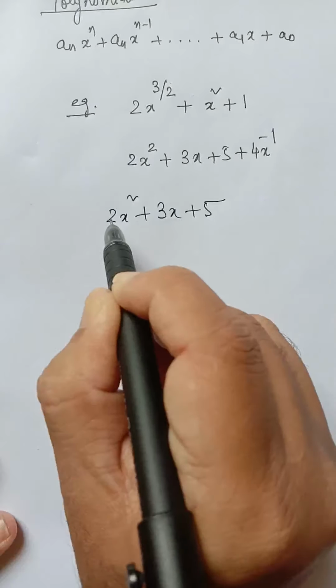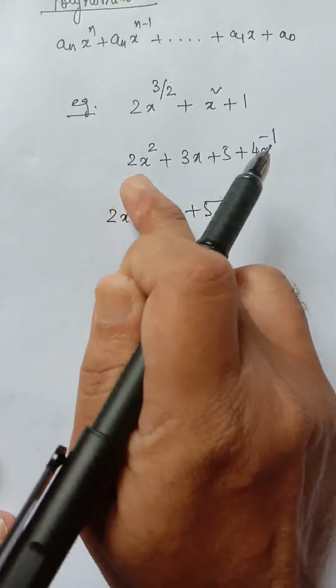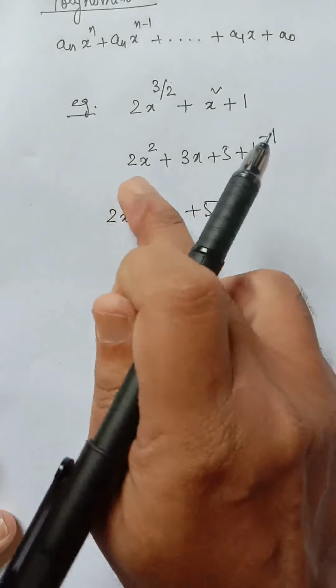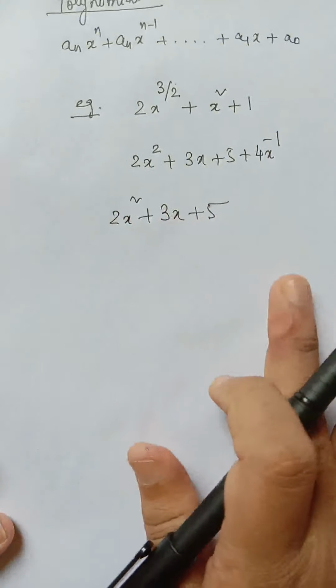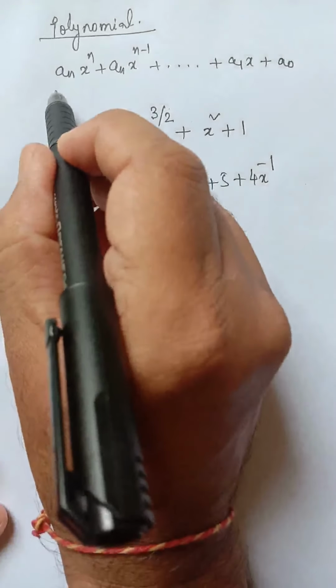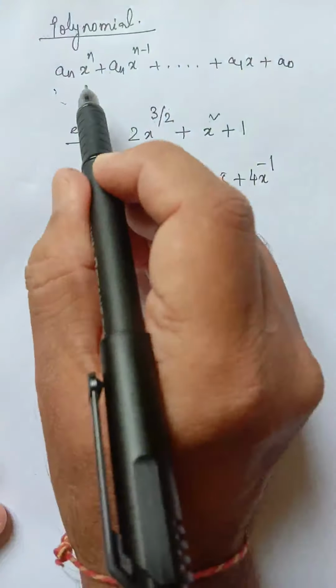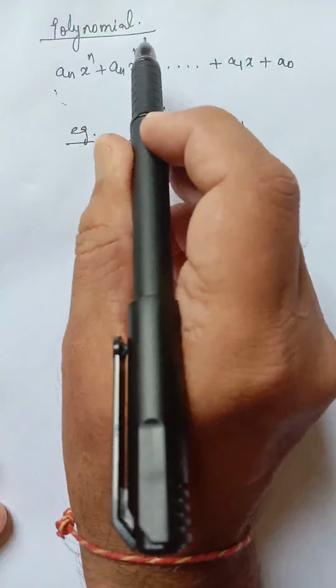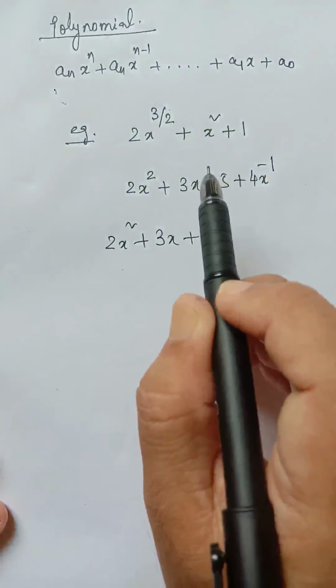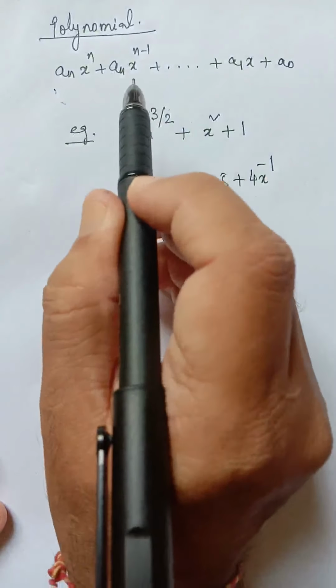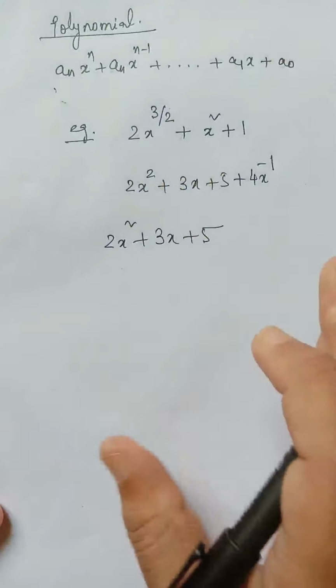This is a polynomial. The power of x is 2 here, then the degree of x is 1, and the degree of x is 0 for the constant term. So the first condition is that the power of all the variables must be non-negative integers. Can be 0, but non-negative integers.